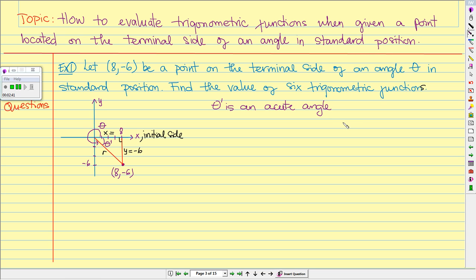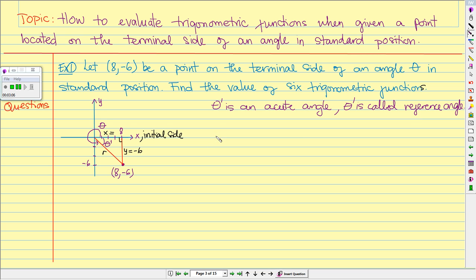And we also have a name for this acute angle. We call this a reference angle. Theta prime is called the reference angle.